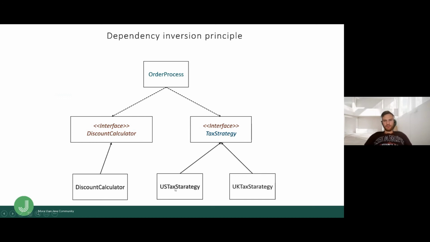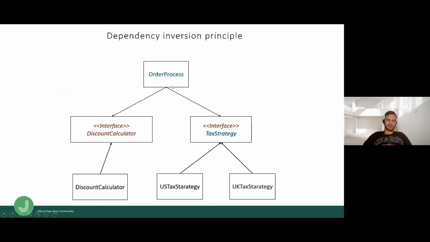But this OrderProcess should not depend on a particular implementation, because it will be hard to maintain and hard to change. It basically says your variables should be of the type TaxStrategy, and you should not explicitly create a new object inside this class.